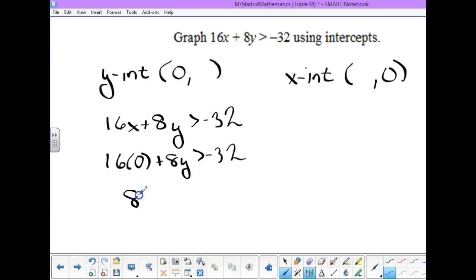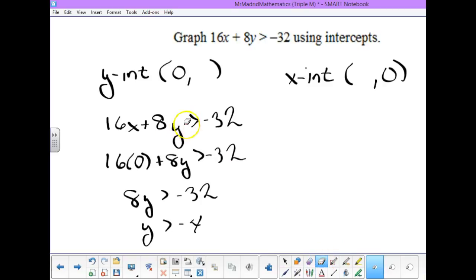That disappears. 8y is greater than negative 32. I divide by 8, and we have y is greater than negative 4. And so that it doesn't add to the confusion, here's one thing I'm going to encourage you guys to do, just like in the last example, turn these into equal signs.